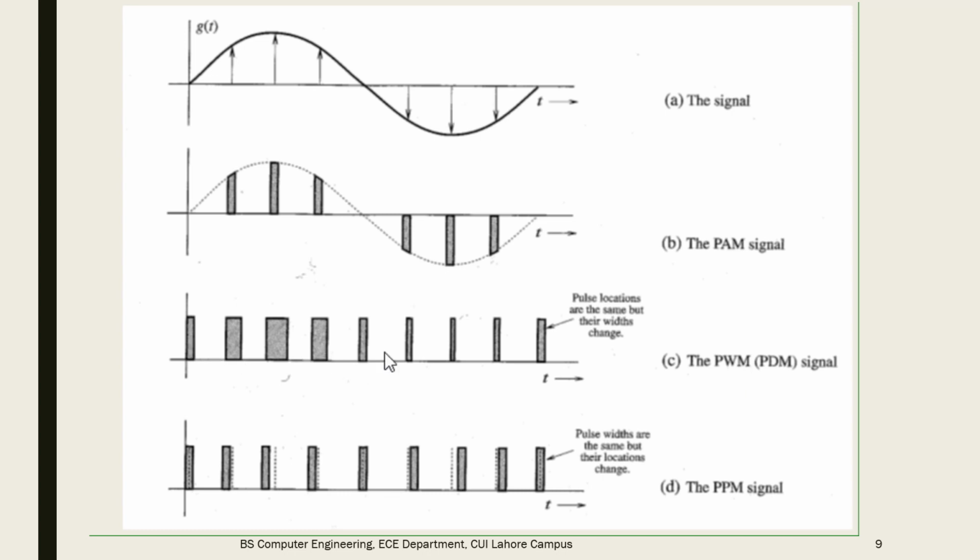Here all pulses have the same amplitude, but their width is changing. And then we have pulse position modulation. Here the pulse width is the same, their amplitude is the same, but they have different locations. I mean, some pulses are close to the sampling instant and some are far from it. So on this basis we can distinguish these different pulses.